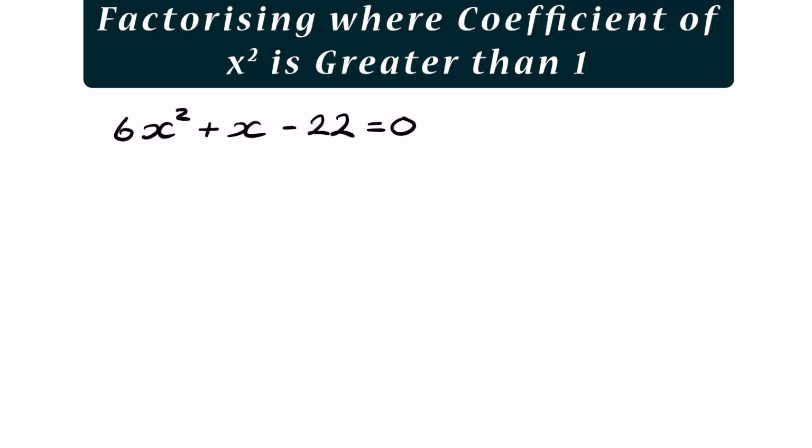So when factorising, where the coefficient of x squared is greater than 1, so this number here, we have a few combinations. So it's not as easy as it was before, where we just look for 2 numbers and multiply to make the number term and add to make the letter term. We will use a slightly different method.